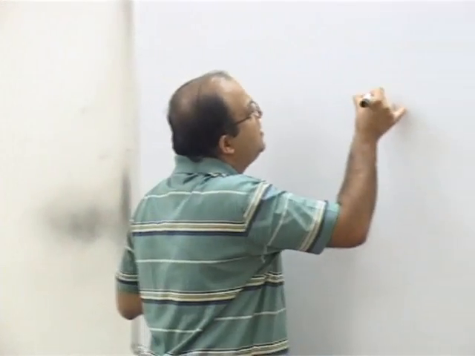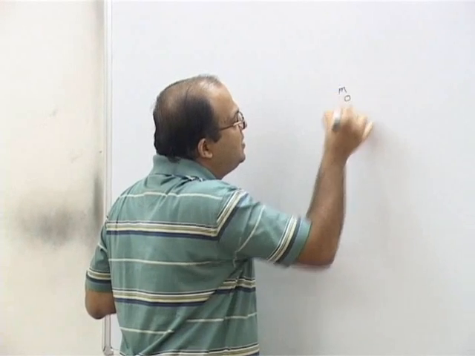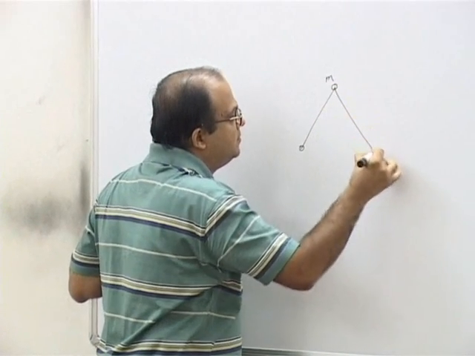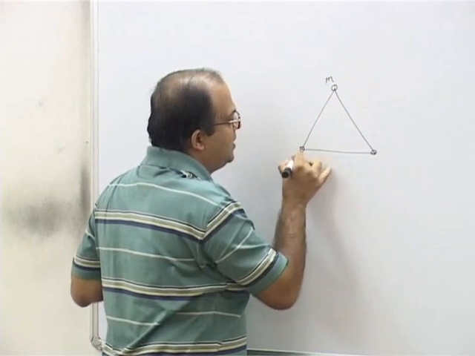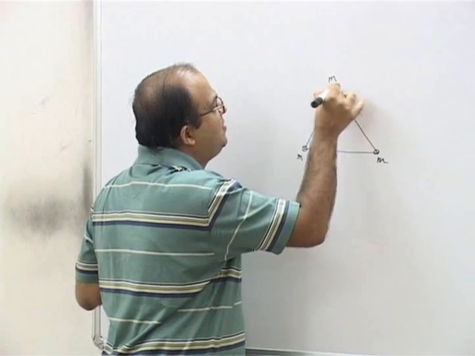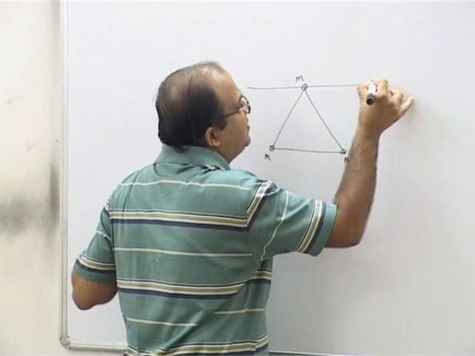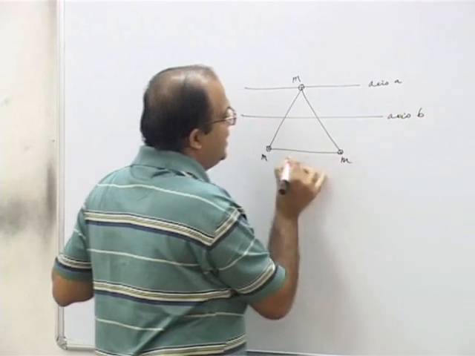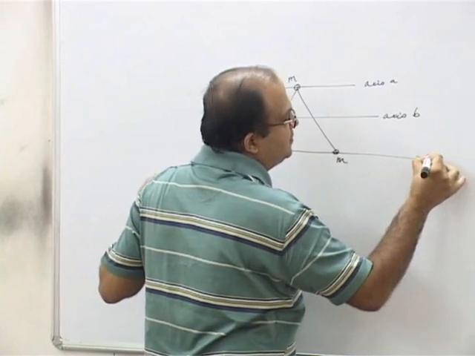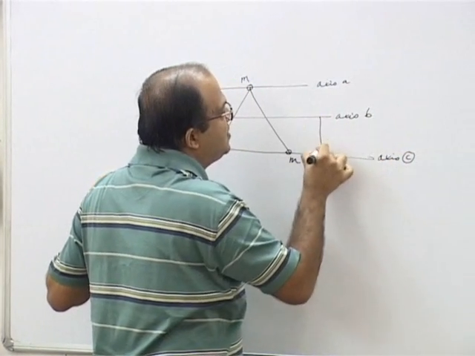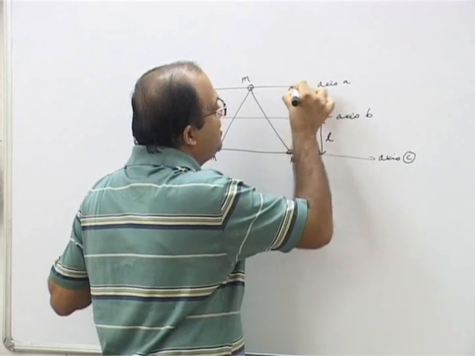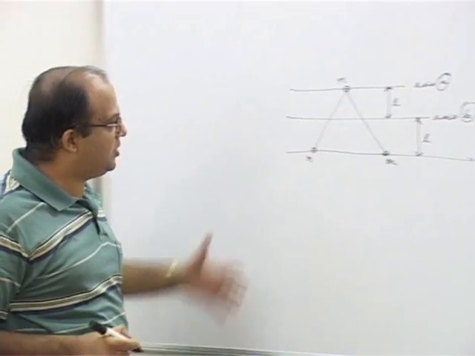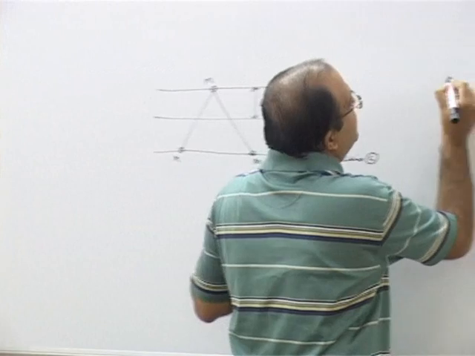Now let us consider a system where I got 3 point masses located on the sides of a triangle. Now let us consider three axes. First axis is this. This is axis A. This is axis B. And this is axis C. This distance is L and this distance also is L. Now the problem is asking us which of the following statements is correct.